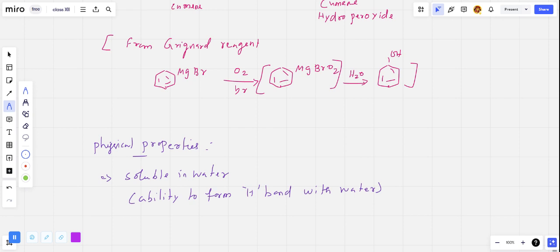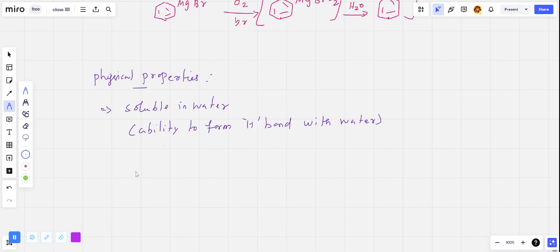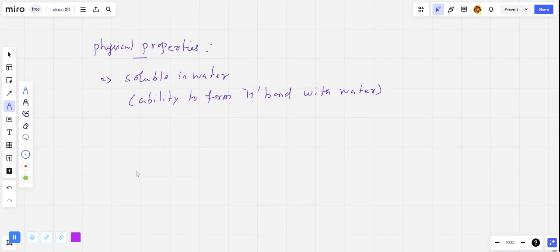The solubility decreases with increase in the size of the alkyl or aryl group.